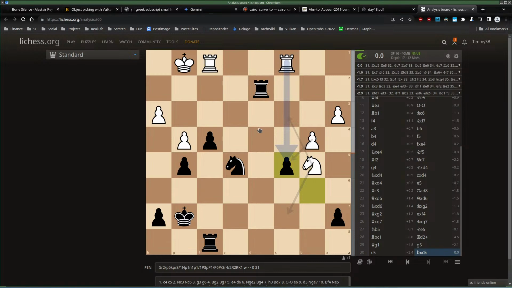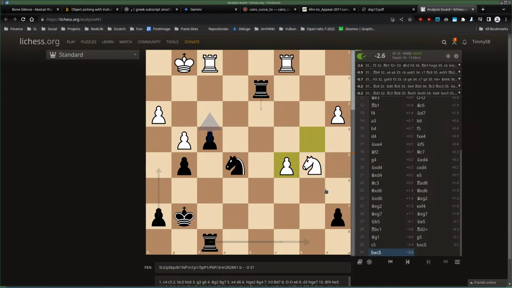Bam, draw. If he took with the rook. Maybe I was just lucky because he did not take with the rook. He took with the pawn, thinking, no, I have a free pawn as well. Buying again, -2.6. Yeah, with the rook, that would have been the way to punish me for my last move.